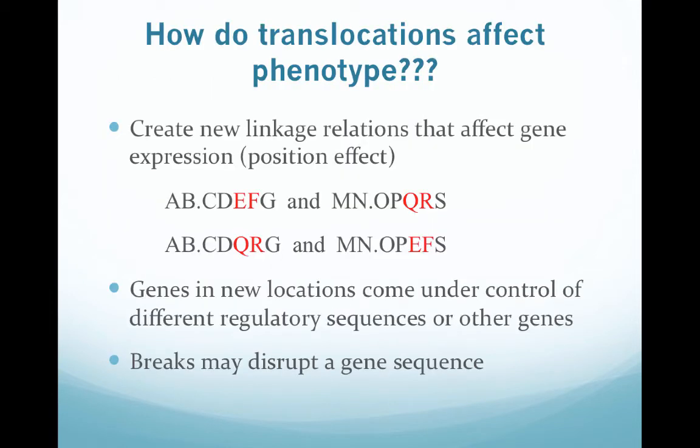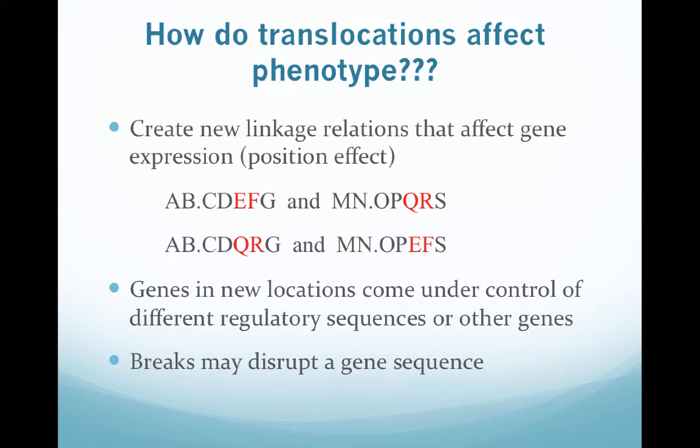So translocations can affect phenotype a couple of different ways. First of all, it can create new linkage relations that could affect gene expression. So this goes back to that concept of position effect. If a gene is required to be in a certain position in order to be turned on or turned off, then we could be compromising that with some sort of translocation.